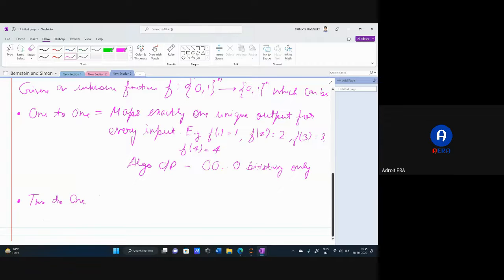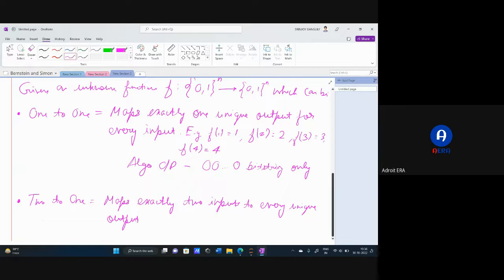A 2 to 1 function maps exactly two inputs to every unique output.